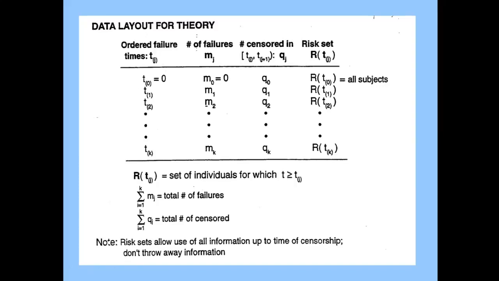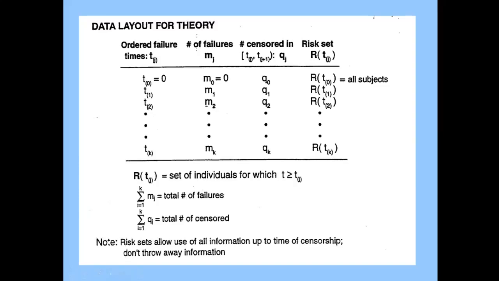Well, what do you think T of 1 with the parentheses means? It's the earliest time that somebody failed. And T sub 2 is the second earliest time that somebody failed, the next earliest time. And T sub K is the latest time that somebody failed.